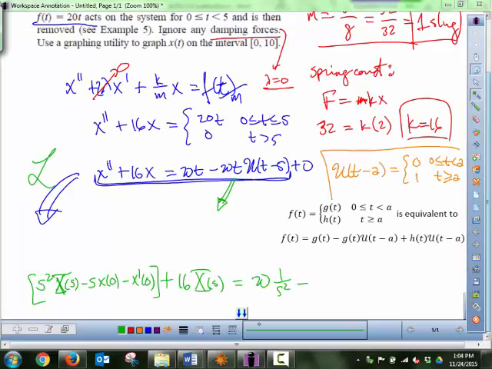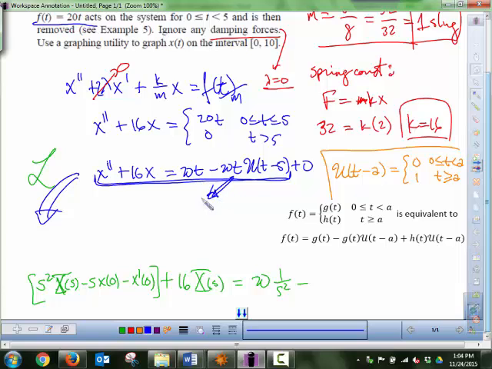And so what we need to do is we need to rewrite this 20t times u of t as, let me do this in blue since we're still in a t world, as 20t minus 5. I'm going to take out the minus 5 for right now.